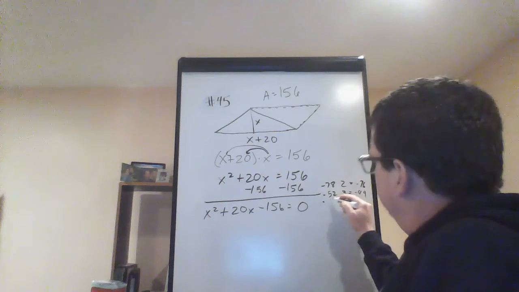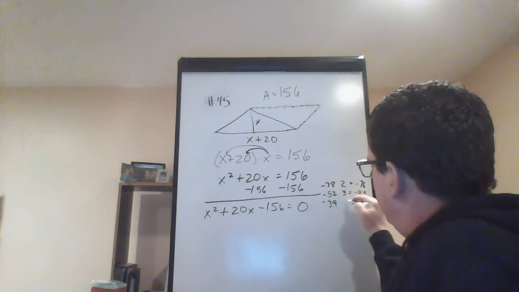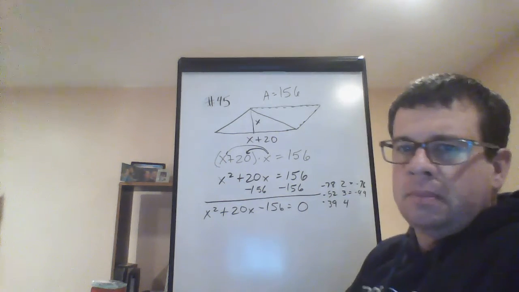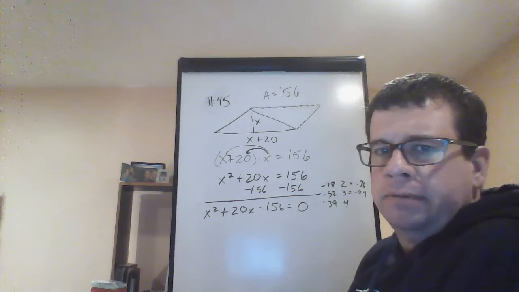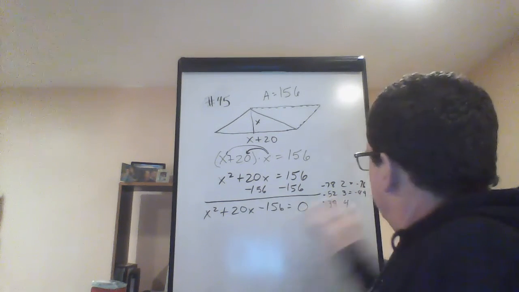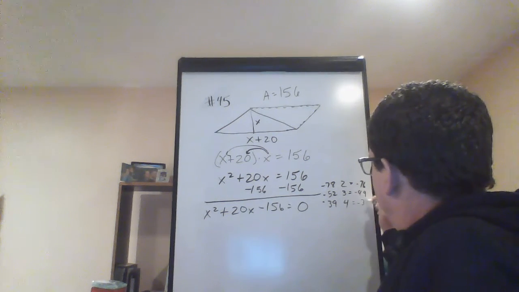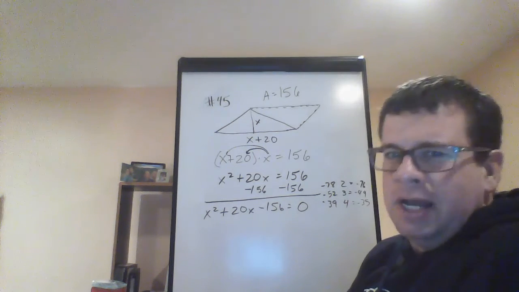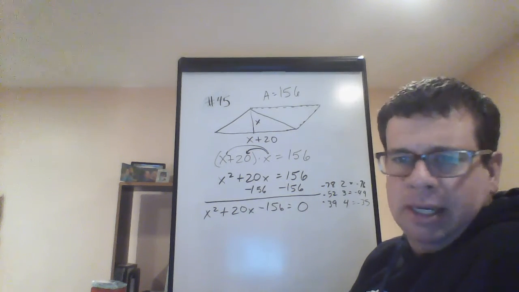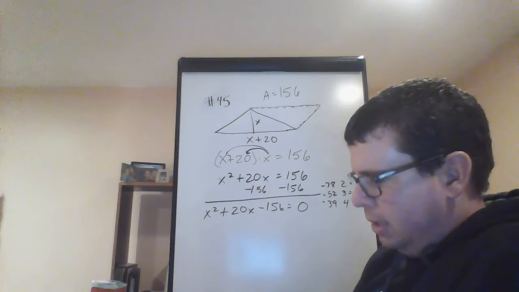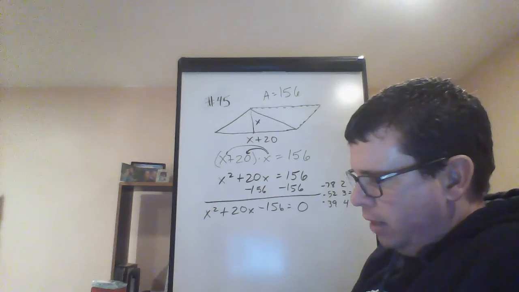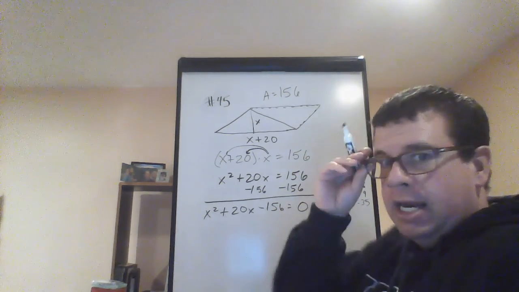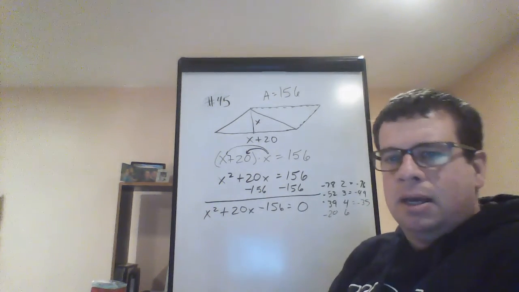So negative 39 and 4. Those add up to negative 35, not positive 20. 5's not going to go into it, I can tell that because it ends in 6. Let me try 6. 156 divided by 6, I get that 6 goes into it.